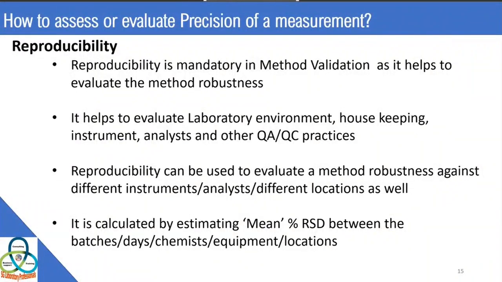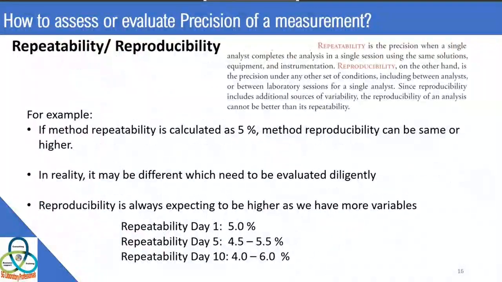So again, recapping the definition for repeatability and reproducibility. Repeatability is instrumentation. On the other hand, reproducibility is the precision.